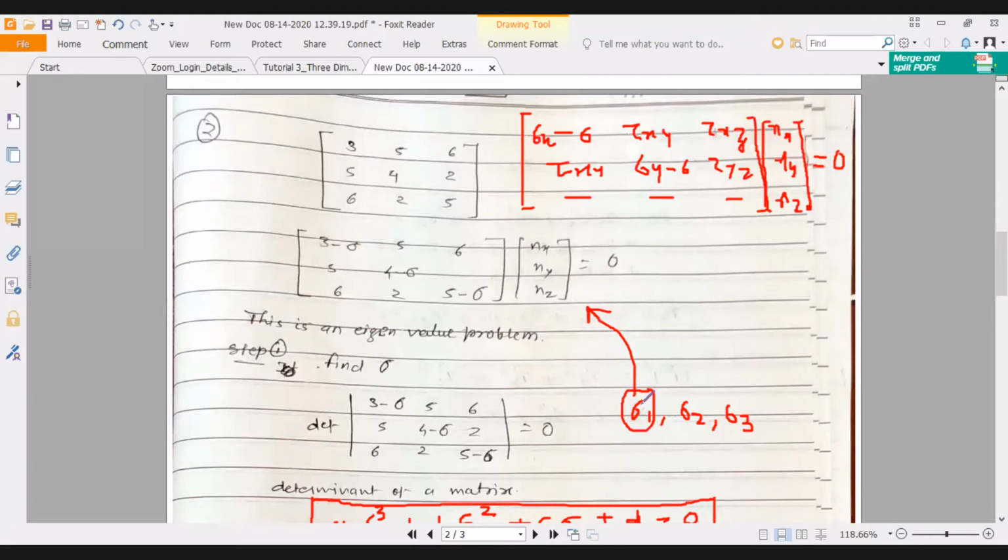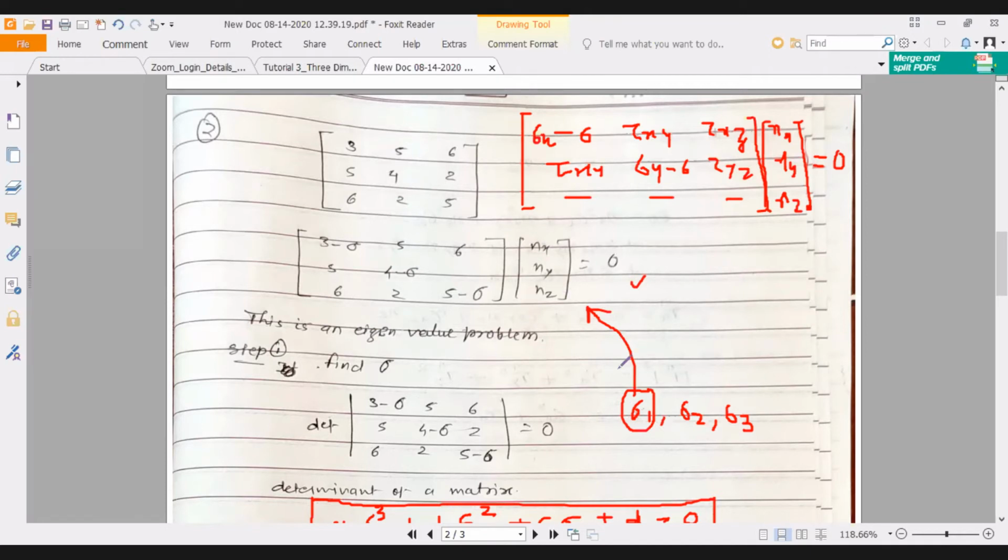With the help of this equation, you can also calculate the orientation of your principal plane, and those orientations are given by this direction quotient. Each principal stress has its own orientation.